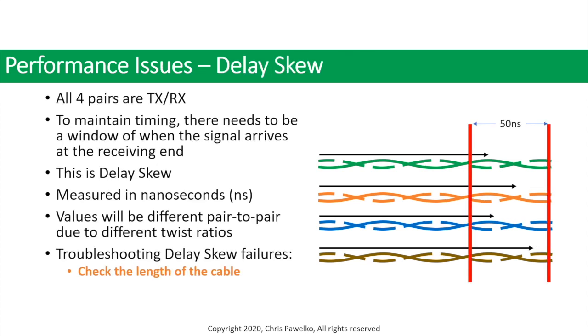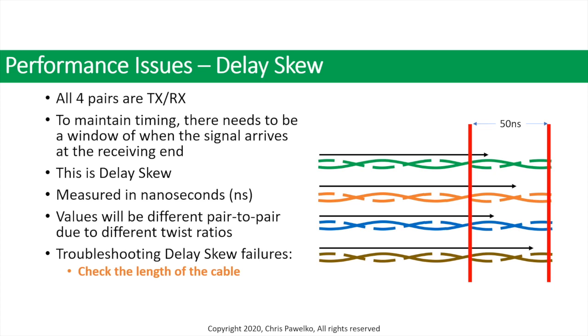Along with propagation delay, delay skew goes hand in hand. A little bit of background on delay skew: all four pairs in a cable that we're using today for applications such as gigabit Ethernet are transmitting and receiving at the same time. In order to maintain timing, there needs to be a window when the signal arrives at the receiving end.